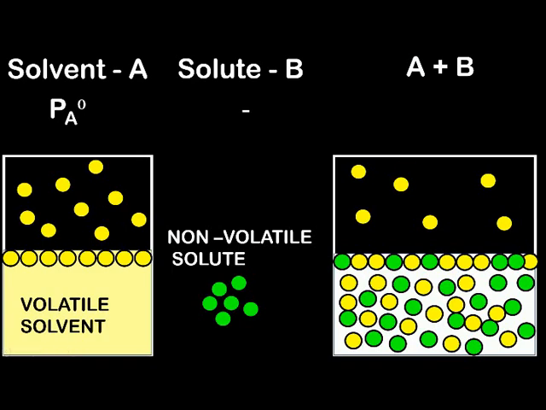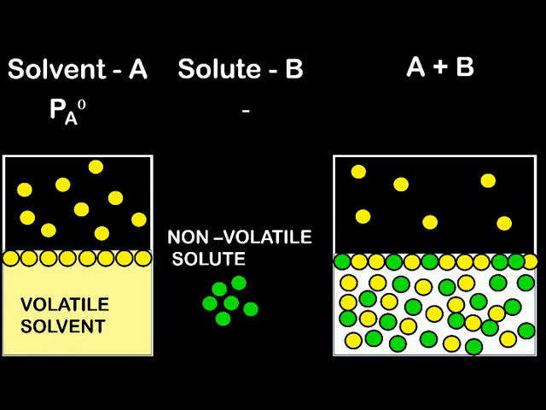Obviously the vapor pressure over here is present only because of the solvent, because the solvent is volatile and is going to form vapors, whereas our solute is non-volatile and hence won't contribute to forming vapors. Therefore, the vapor pressure created above this solution will only be because of the solvent.